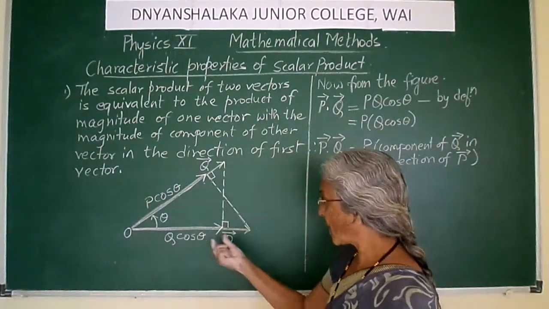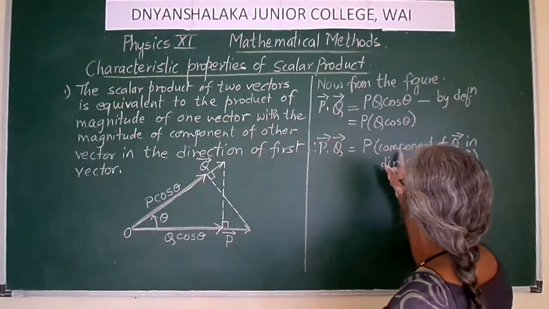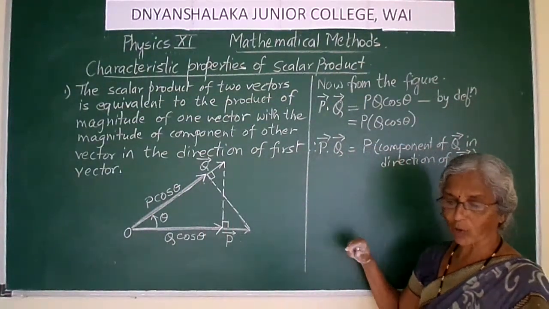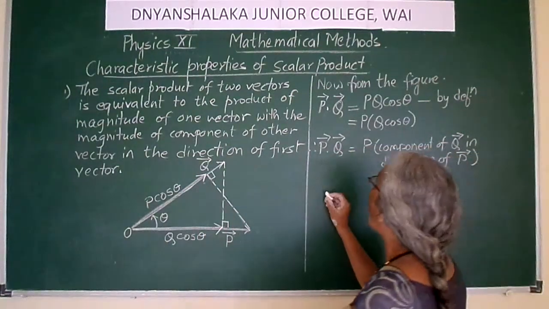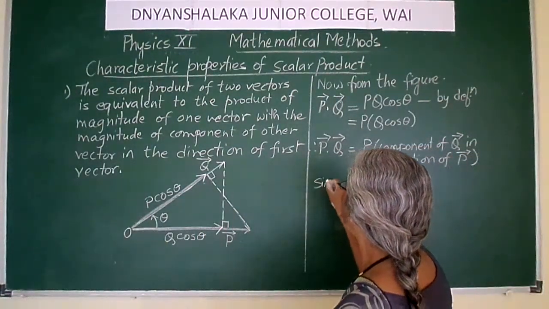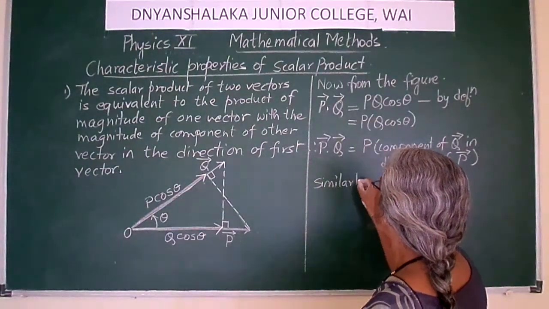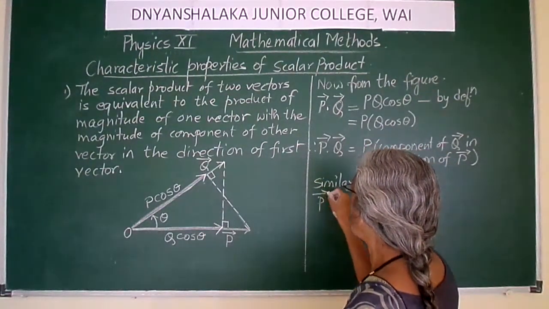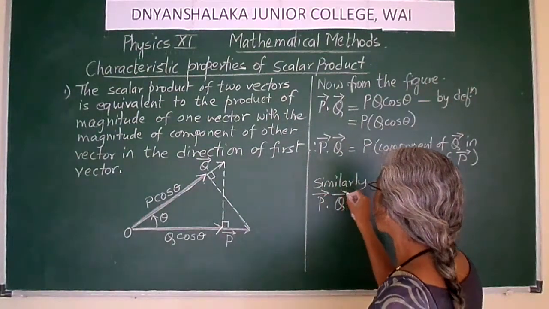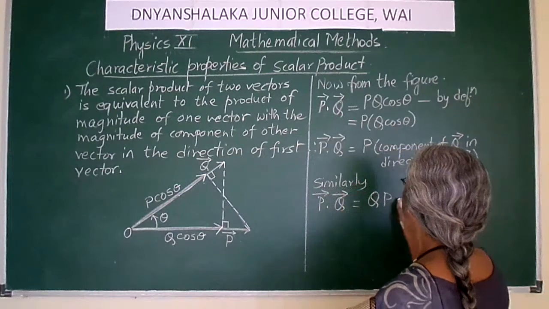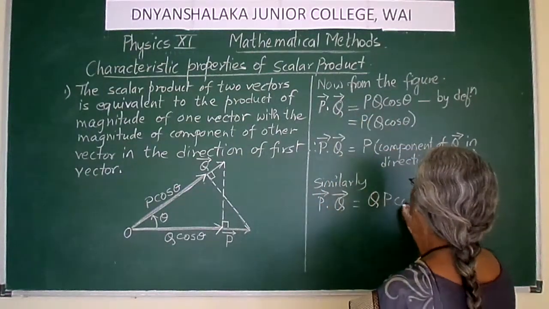Now as we are writing this as component of q, it can go the other way around also. I can also have vector p dot vector q is equal to q p cos of theta instead of pq. What will I write?